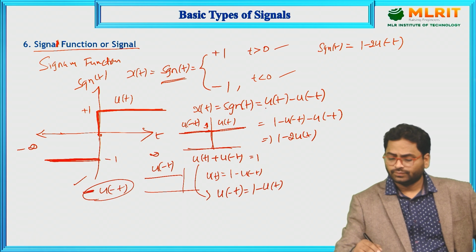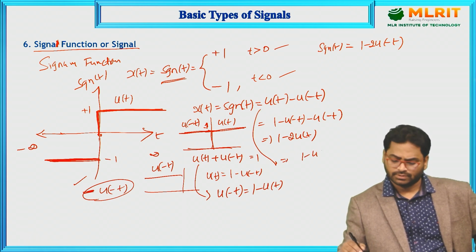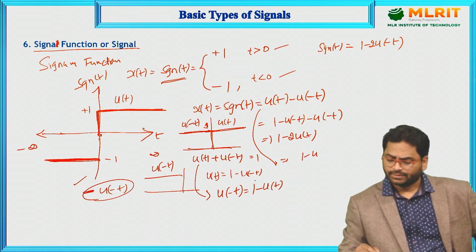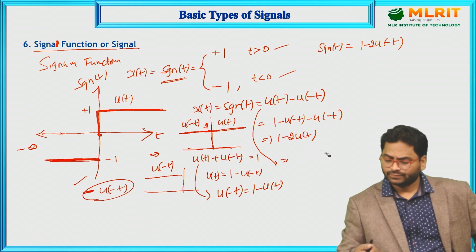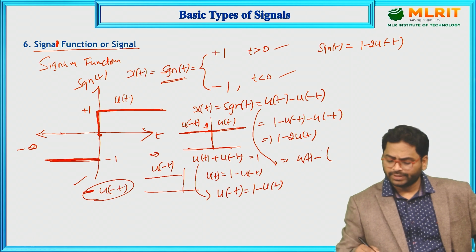Then from this equation I can write u of t minus u of minus t. u of minus t means 1 minus u of t.